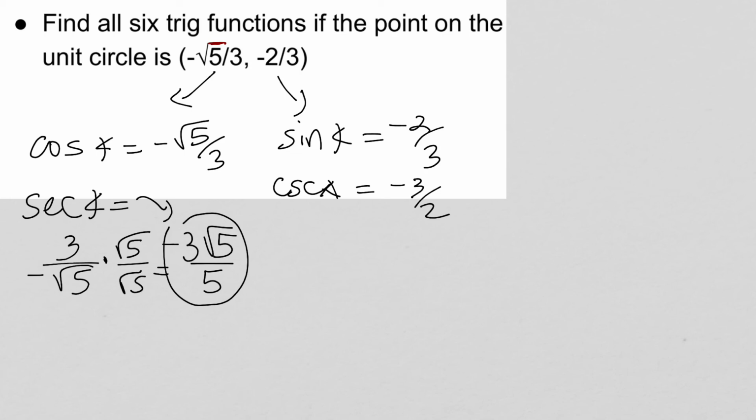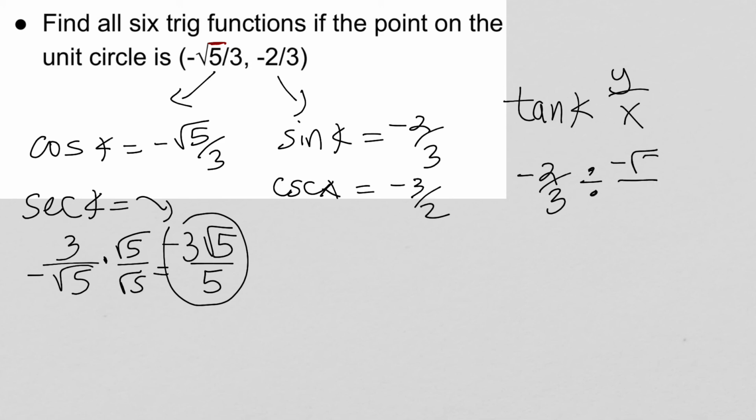I still need tangent. So tangent is taking my y and dividing it by x, right? So my y is negative 2/3. I'm going to write it this way going across because I need to do copy dot flip, right? When I divide fractions, I'm going to copy this, change it to multiplication, and flip this around. Hopefully you notice the 3's cancel out, right?